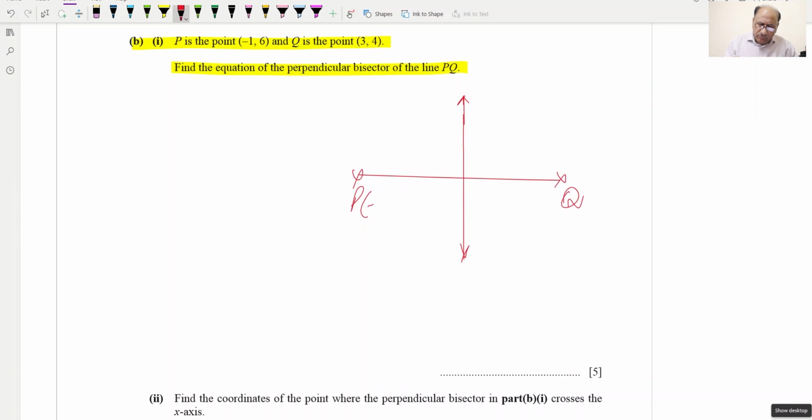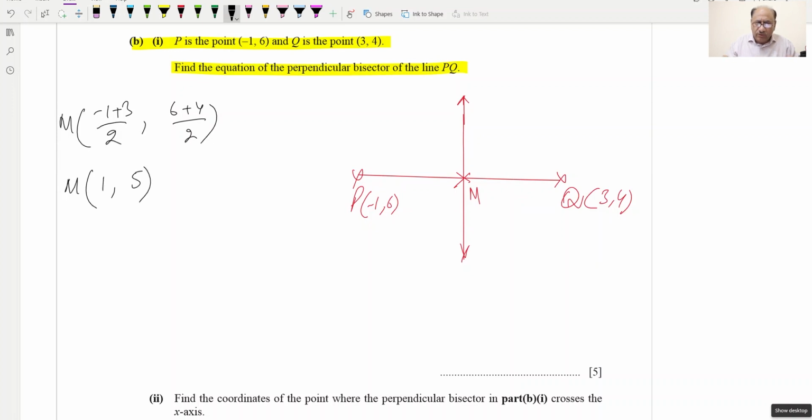Coordinates of P are given as -1 and 6, and coordinates of Q are 3 and 4. So we can find the midpoint, say M is the midpoint. Coordinates of the midpoint will be -1 plus 3 by 2, x coordinates added divided by 2, and y coordinates added divided by 2, which gives 1, and 10 divided by 2 will be 5. So 1 and 5 will be the coordinates of M.